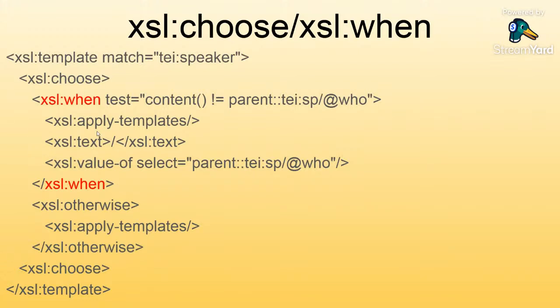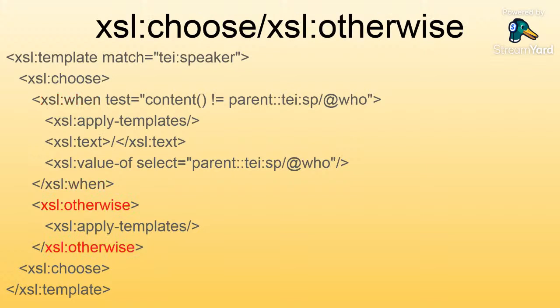But if it is not matched, then you go to the next when in the list, and then the next when in the list. And if none of them are matched, then you go to the otherwise, which is basically saying only if none of the whens in this choose are matched, then do the following. It's useful to have a fallback, and using choose, when and otherwise instead of using if gives you a lot more control over how you make these decisions and what goes on inside them.